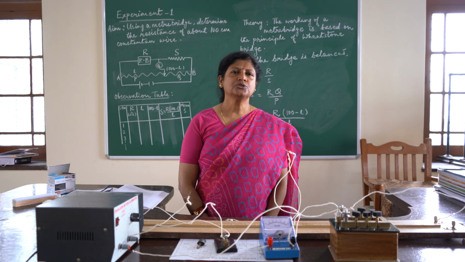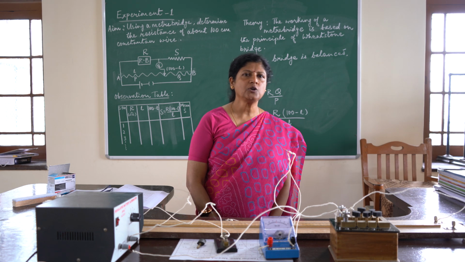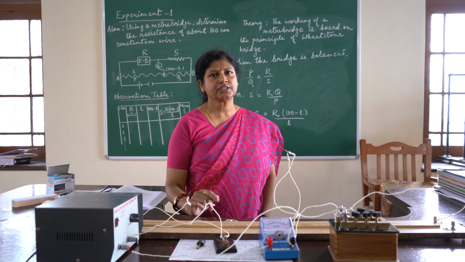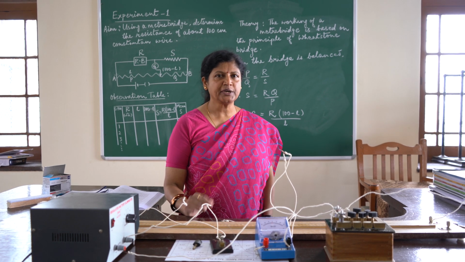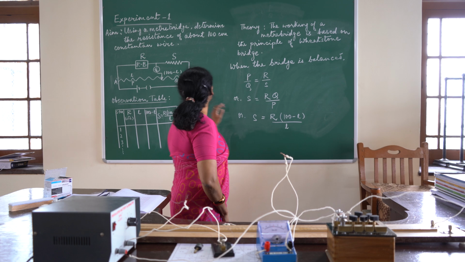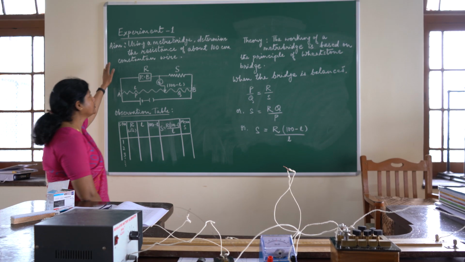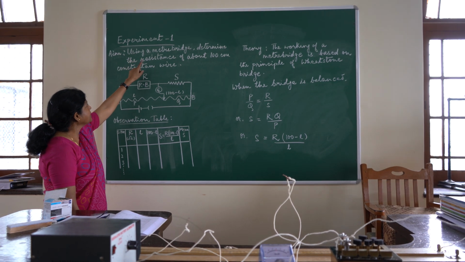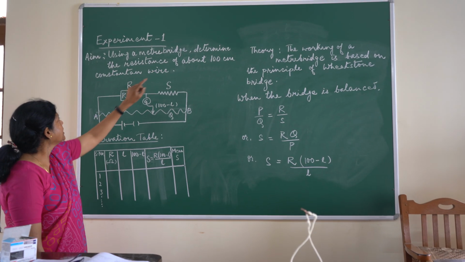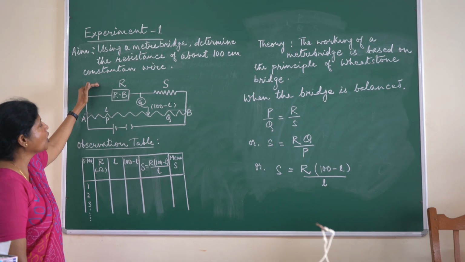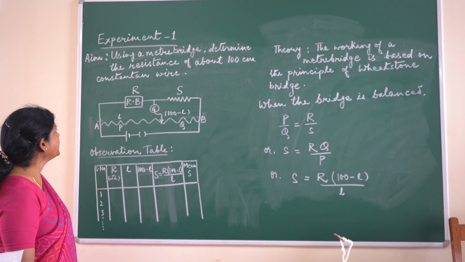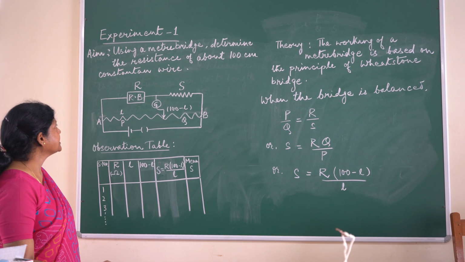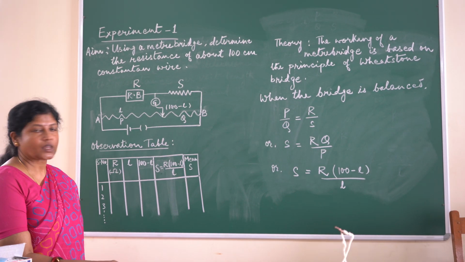Students, today we will see application of Wheatstone bridge by performing an experiment. Experiment 1. Aim of the experiment is using a meter bridge determine the resistance of about 100 centimeter constantan wire.